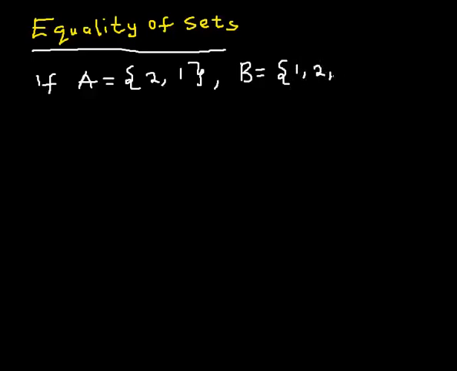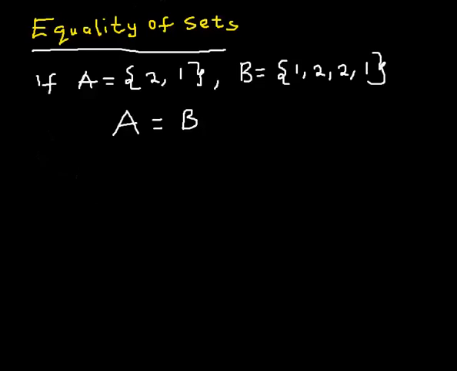Even though it is repeated, I have 1, 2, 1. The important thing is that these two sets only have two elements, 2 and 1. It doesn't matter how they are arranged or the number of times they are repeated. So I can simply say that A is equal to B. Why? Because they contain the same elements. So please take note of that.